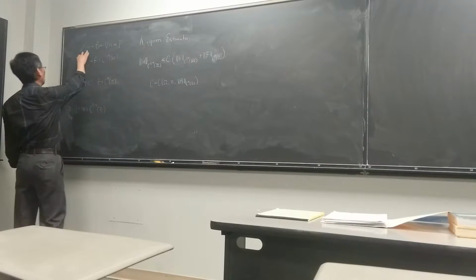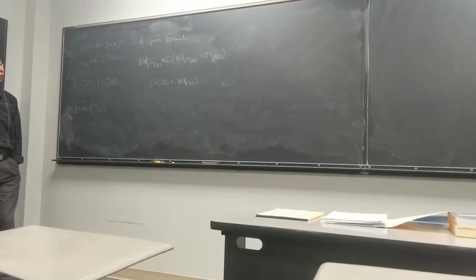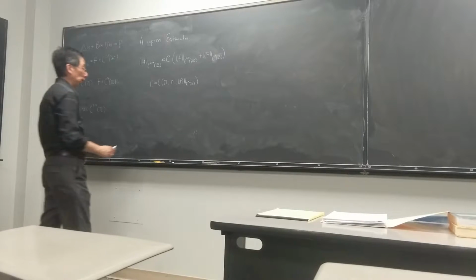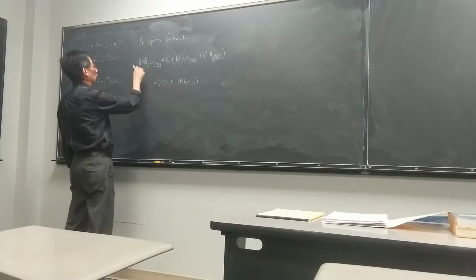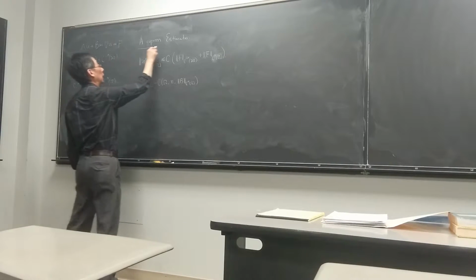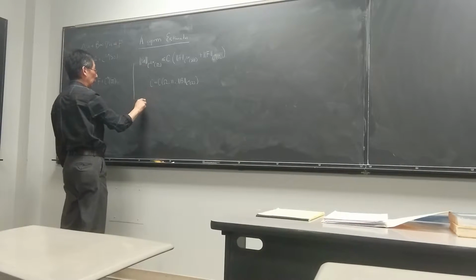Now, if the equation is more complicated, there will be other conditions involved. Okay. So then, using this a priori estimate, you can combine this with the method of continuity.